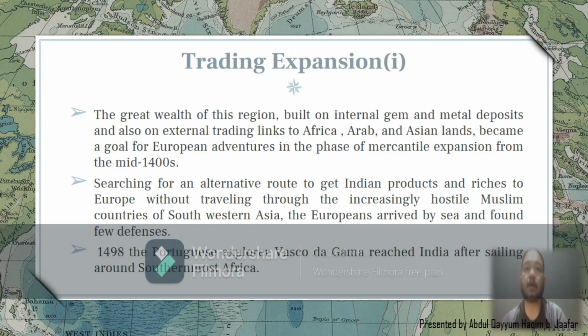Searching for alternative routes to get Indian products and riches to Europe without traveling through the increasingly hostile Muslim countries of southwestern Asia, the Europeans arrived by sea and found few defenses. In 1498, the Portuguese explorer Vasco da Gama reached India after sailing around southernmost Africa.